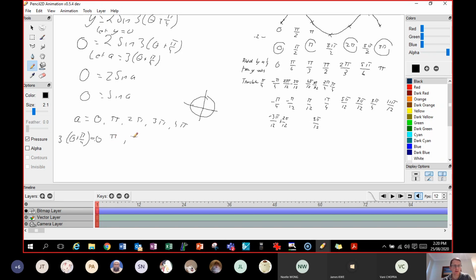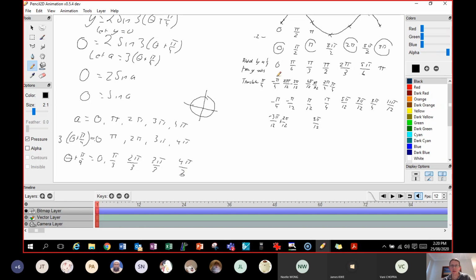This should still be pi, 2 pi, 3 pi, 4 pi, because now I need to divide by 3. So that's going to leave me with theta plus pi on 4. So that's going to equal 0 still, pi on 3, 2 pi on 3, 3 pi on 3, which is just pi, 4 pi on 3.